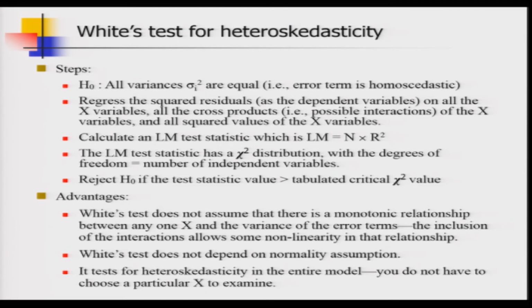The inclusion of the interactions allows some non-linearity in that relationship. Now in my humble opinion, the best part of White's test is that it does not require the normality assumption to check heteroscedasticity. So that way it is pretty general; even if the errors are non-normal, White's test is going to give you the correct result.